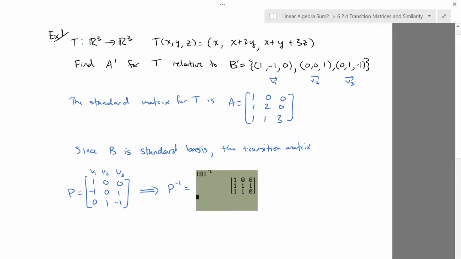So this is P inverse, and then now we can calculate A prime.